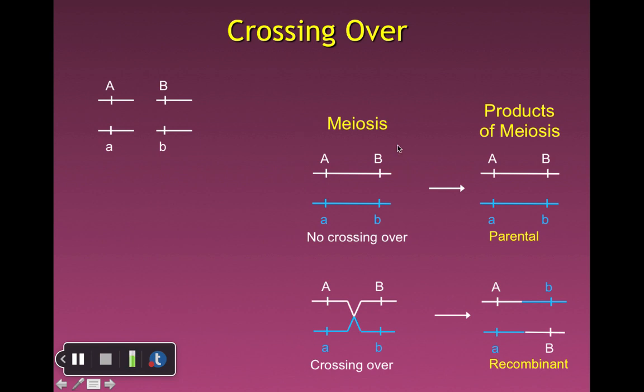However, what if we now turn toward the right-hand portion of the screen here? What if the A and B genes were on the same chromosome like we see here? And furthermore, let's say the situation is that we have on one chromosome big A, big B, and on the other chromosome we have little a, little b. Now imagine if there's no crossing over between these two chromosomes and this cell undergoes meiosis.